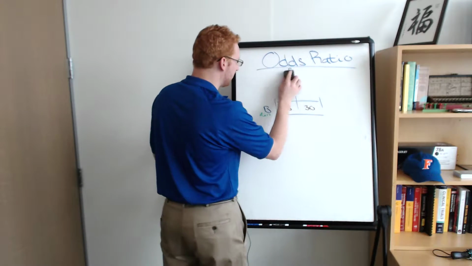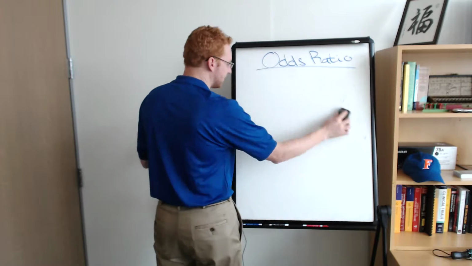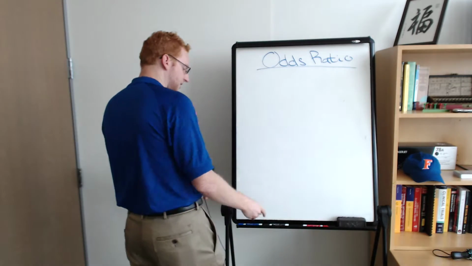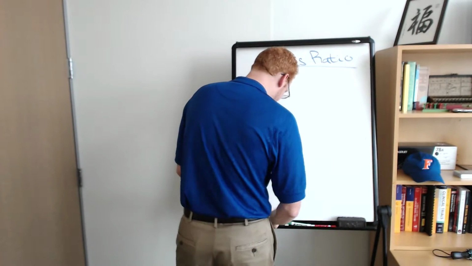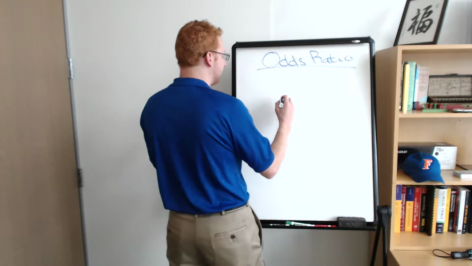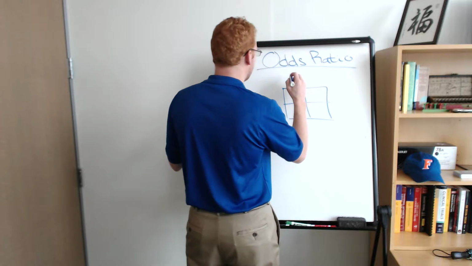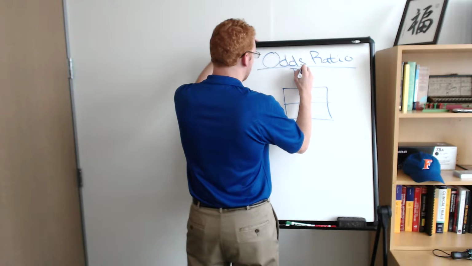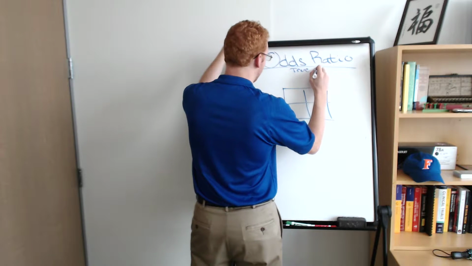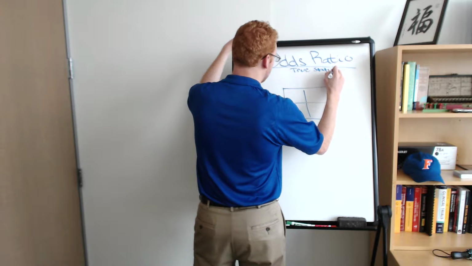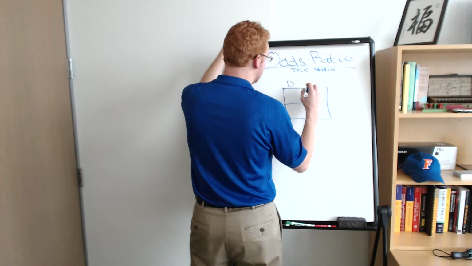An example of data that's set up in a contingency table, but where you would not use an odds ratio, is something like this. You have the true status, diseased.